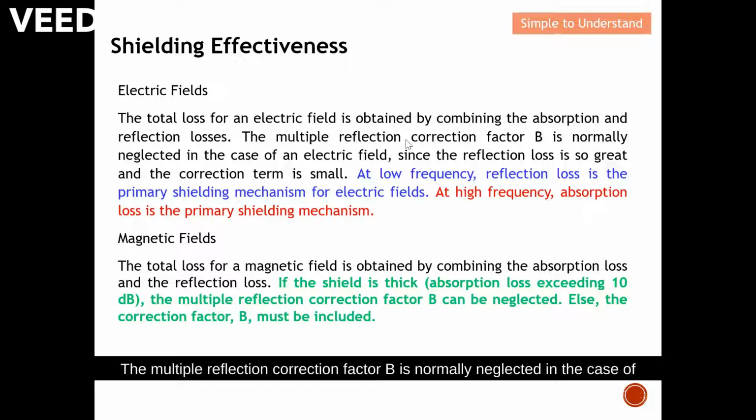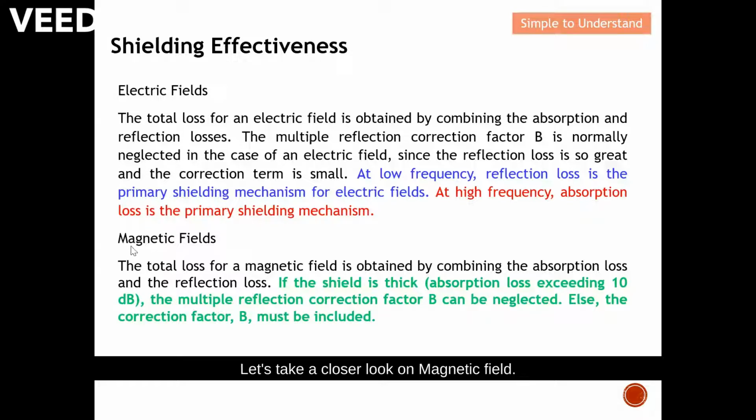The multiple reflection correction factor B is normally neglected in the case of an electric field, since the reflection loss is so great and the correction term is small. At low frequency, reflection loss is the primary shielding mechanism for electric field. At high frequency, absorption loss is the primary shielding mechanism. From here, we conclude that electric field is almost the same as far field.